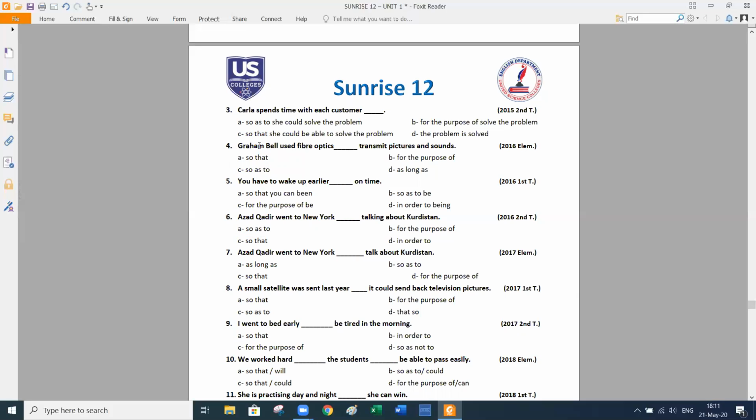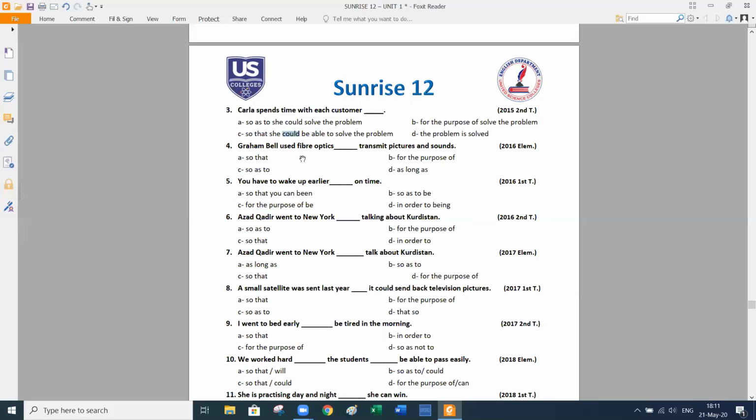C says so that she could be able to solve the problem. So that, according to the structure, the rule, we have so that, we have somebody, we have a modal verb.